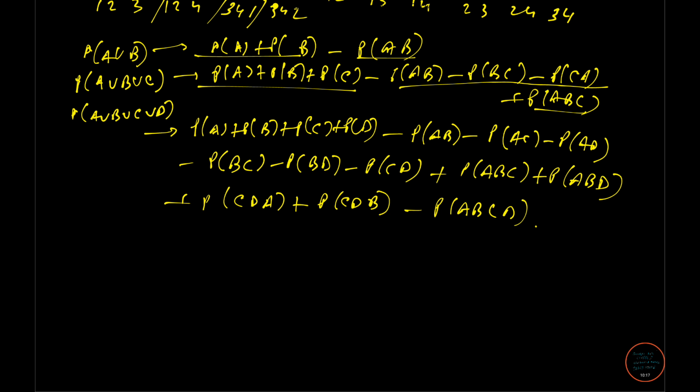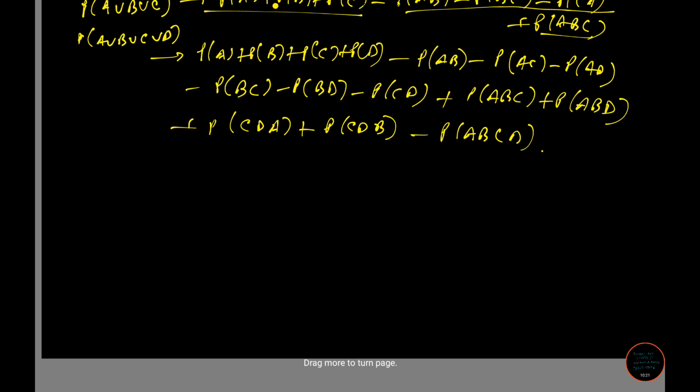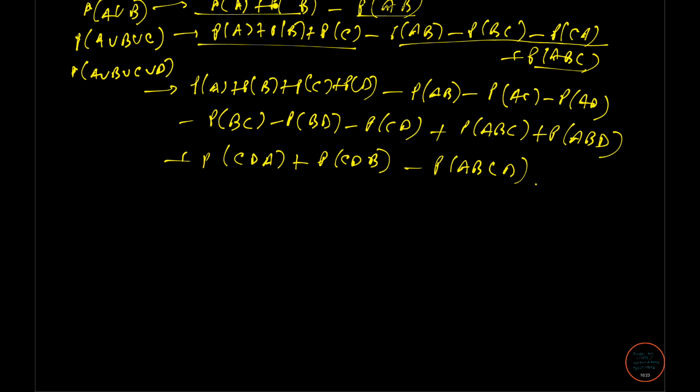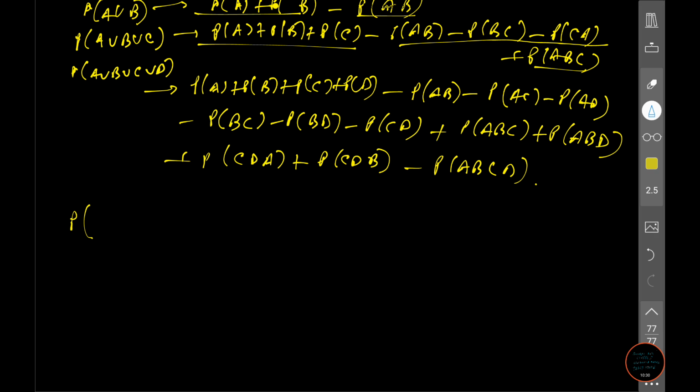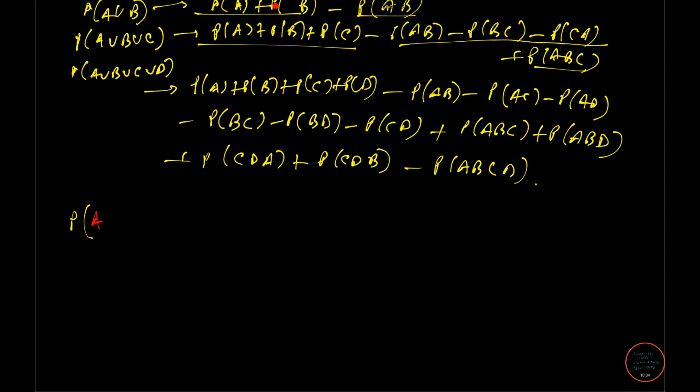Another important extension of the addition theorem: this total part, how can you write it in the extensive format? So probability of, let me use red for this because we're going to remember, probability of union of Ai, i equal to 1 to n, that is A1, A2 dot dot dot An, is nothing but first one is this portion.